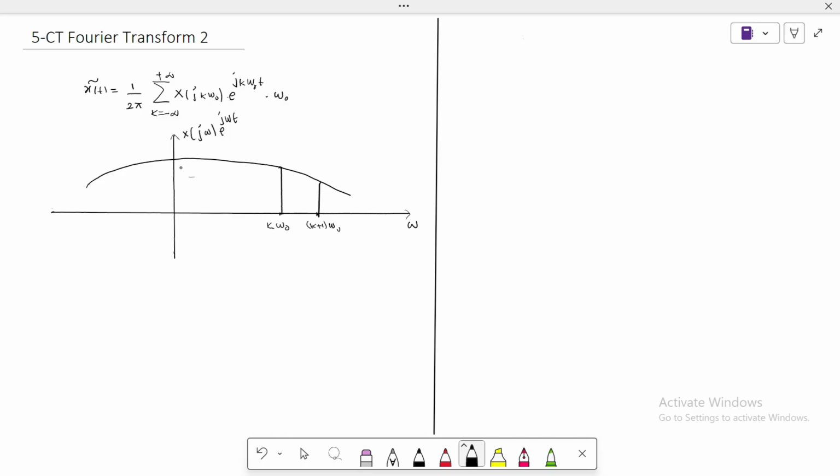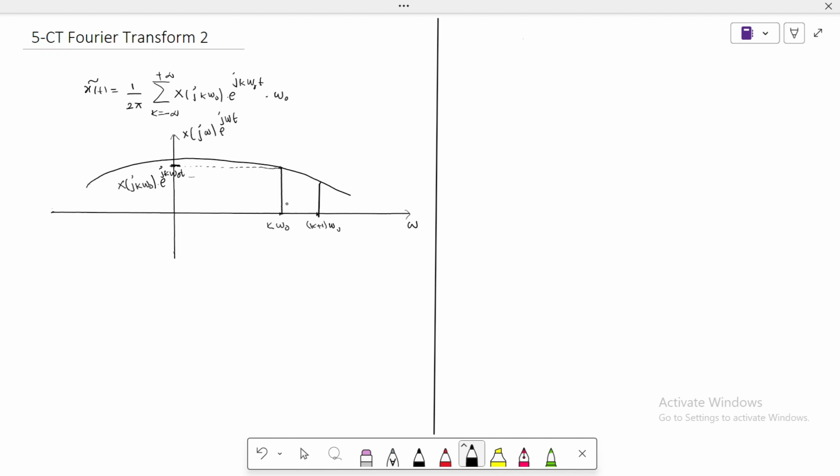For the corresponding k omega naught, this is the magnitude for k omega naught. We can write this magnitude equal to x of jk omega naught into e power jk omega naught t.